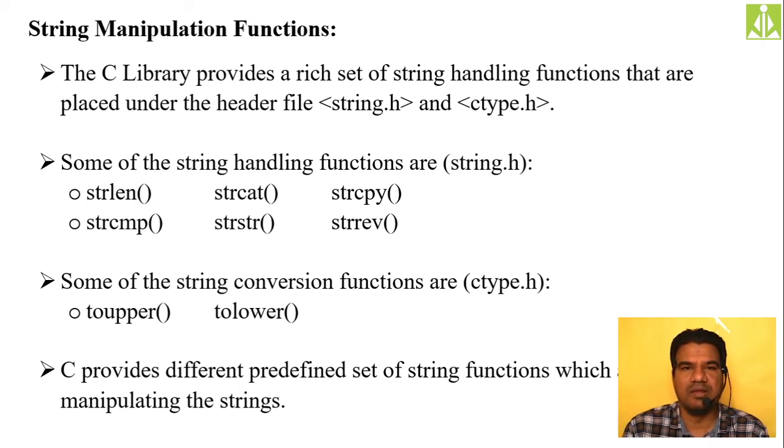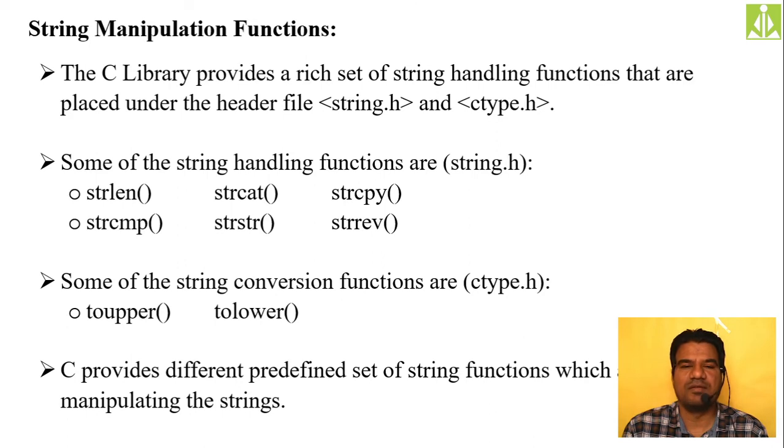Now, string manipulation functions. Unlike regular data elements like integers, floating point, double, long double, float, where we can simply do the data manipulation with the help of operators, isn't it? We have different sets of operators like arithmetic, logical, relational, bitwise, and those operators we can apply only to the normal or primitive data types.